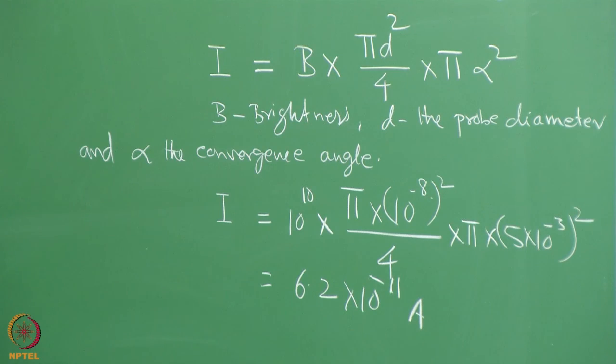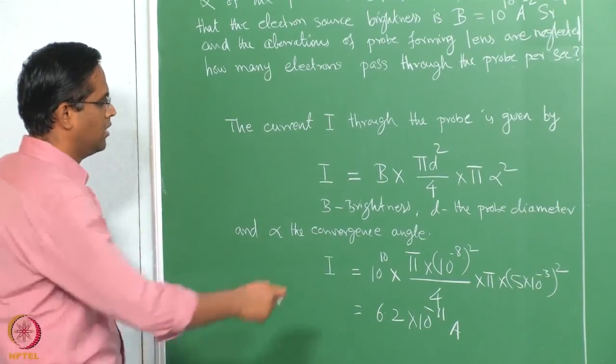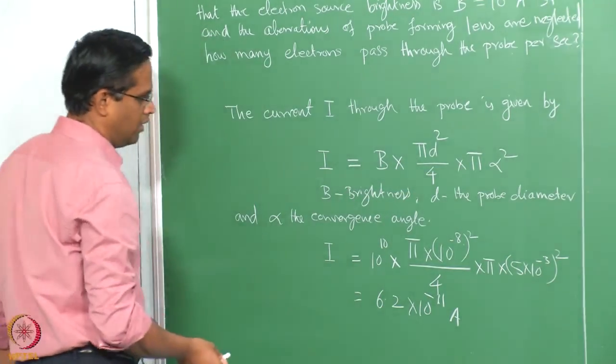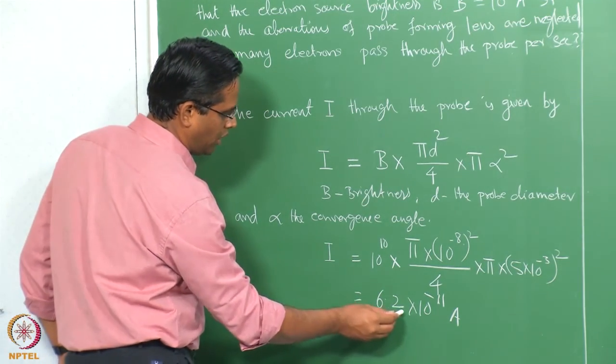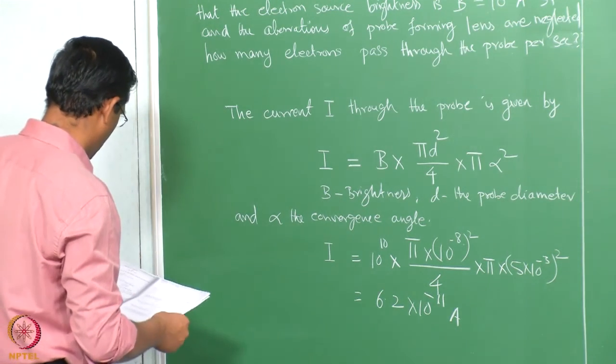What we have done is we have simply substituted all these parameters B, d and alpha, and then you get the answer something like 6.2 into 10 to the power minus 11 amperes.